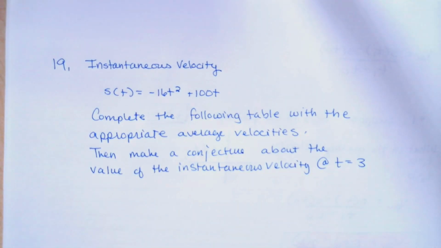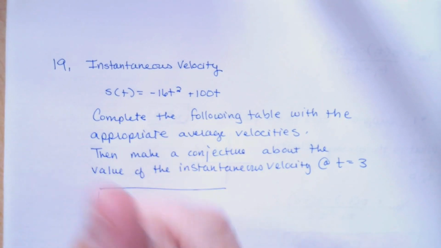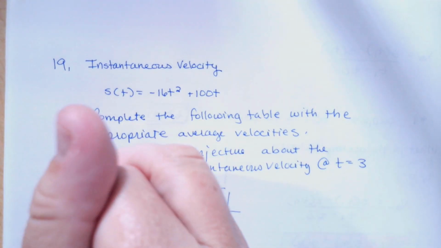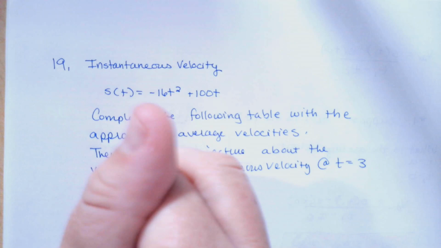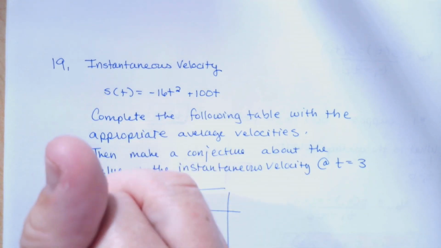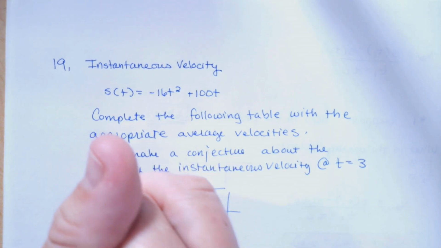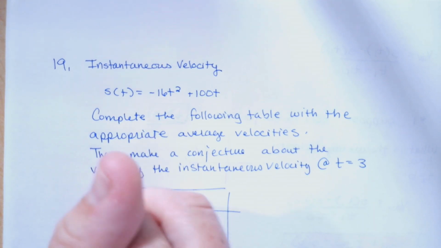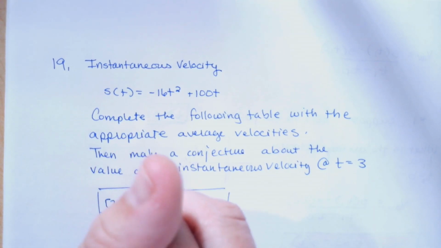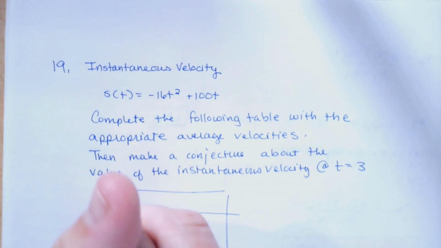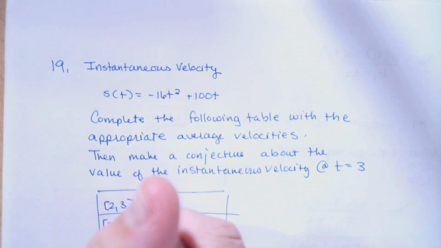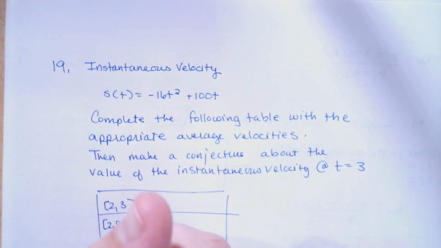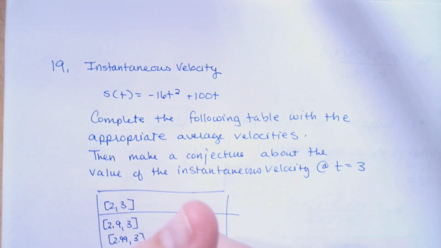They gave us this table, and it says 2 and 3, then 2.9 and 3, then 2.99 and 3, 2.999 and 3, and then 2.9999 and 3. I love it.